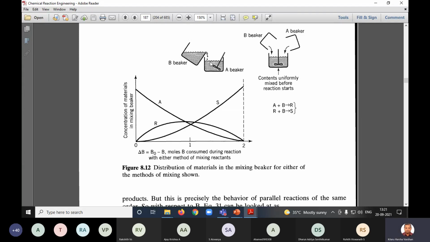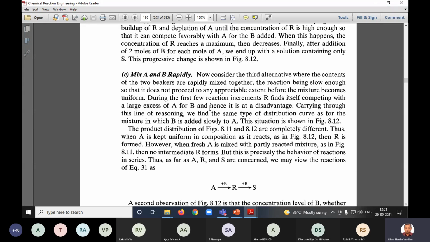The moment B comes inside, A and R both compete for that B. A competes for B to form R, and R competes with A for B to form S. So that is why you get a curve like this.